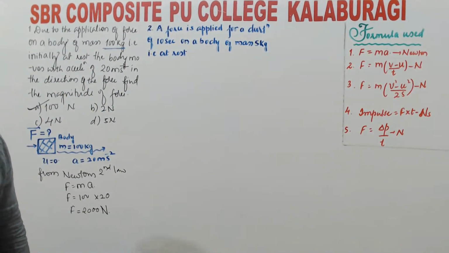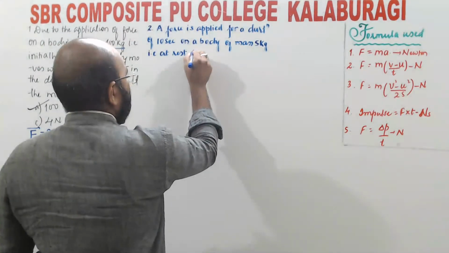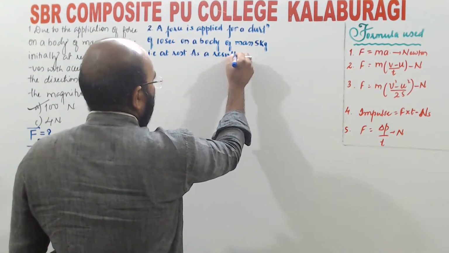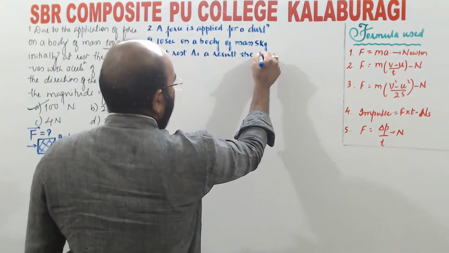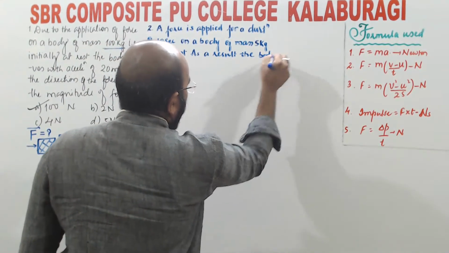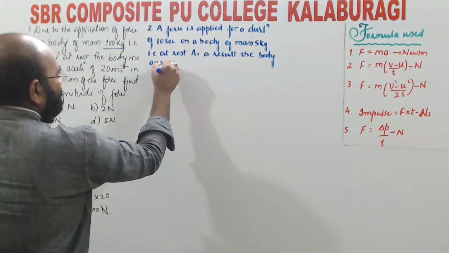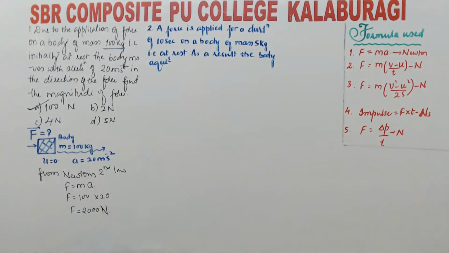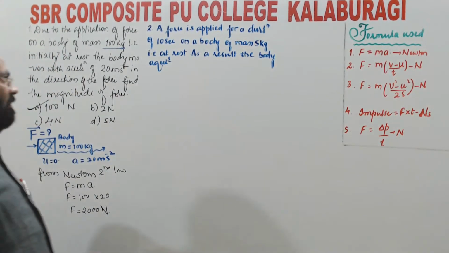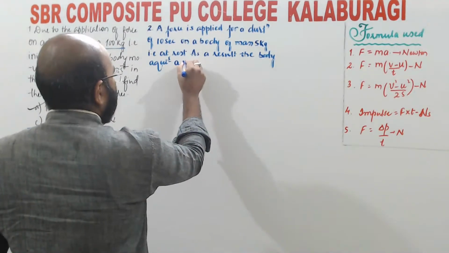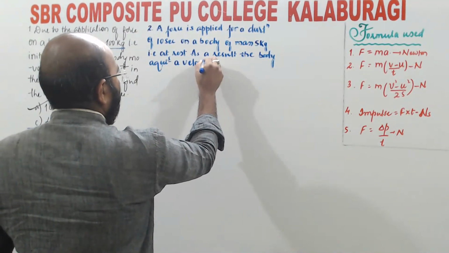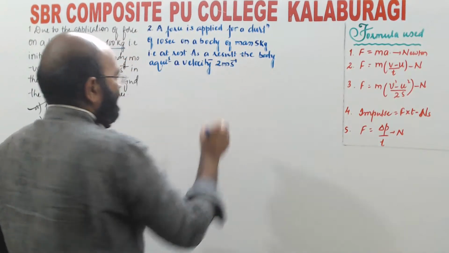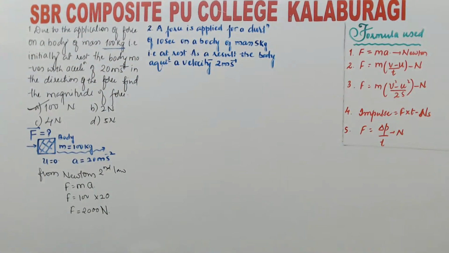As a result, the body acquires a velocity of 2 meter per second.